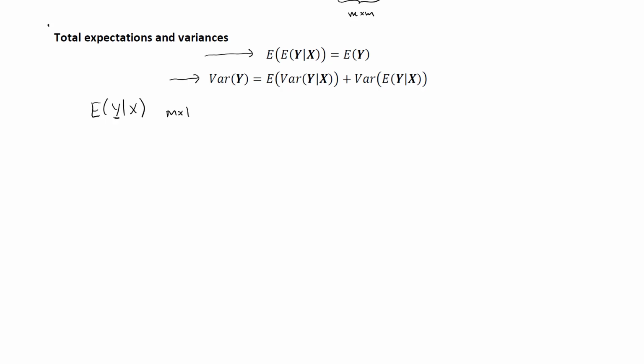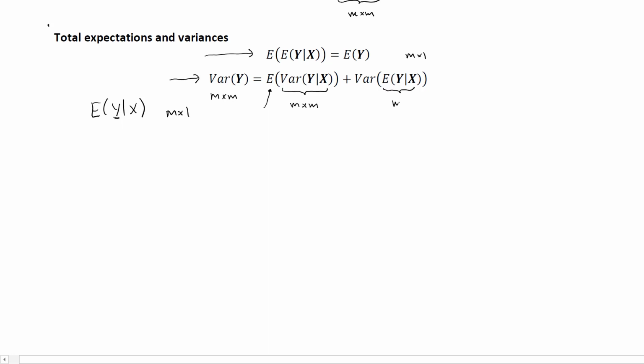So both sides of this expression are m by 1 vectors of constants. Variance of y is an m by m matrix of constants. Y is m by 1, so the variance of y conditionally on x will be m by m, but a matrix of random variables. When we take the expected value of that, it goes into a matrix of constants.